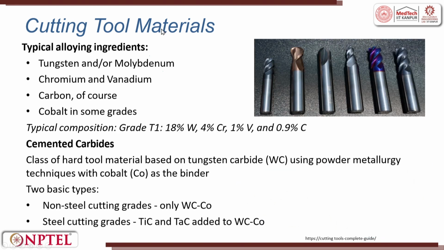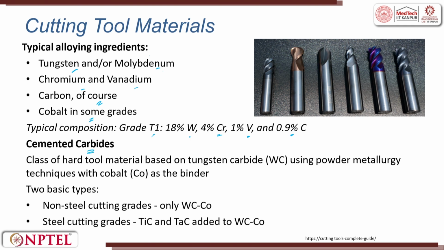The typical alloys included in HSS are tungsten, molybdenum, chromium, vanadium, cobalt in some cases, and carbon of course, introduced into the material such that it can be harder than the workpiece and you can define the geometry. Typical composition for grade T1 is 18% W, 4% chromium, 1% vanadium and 0.9% carbon.